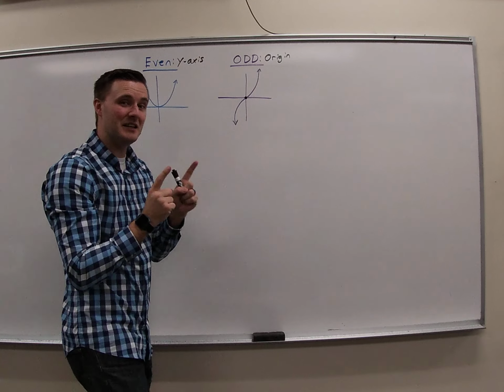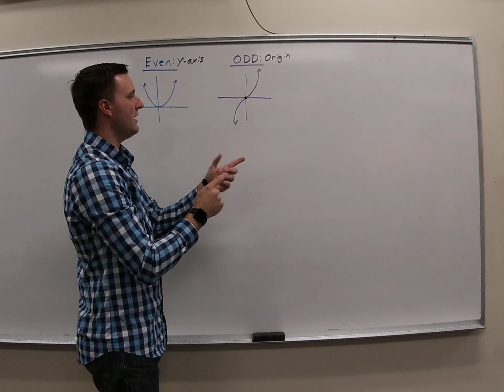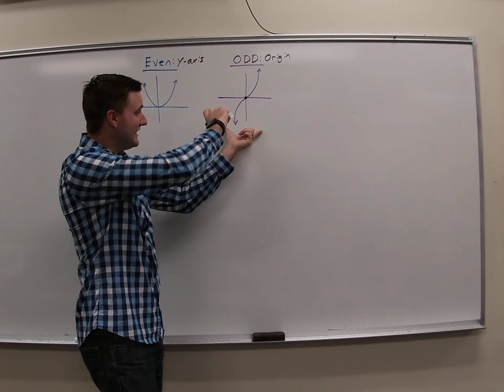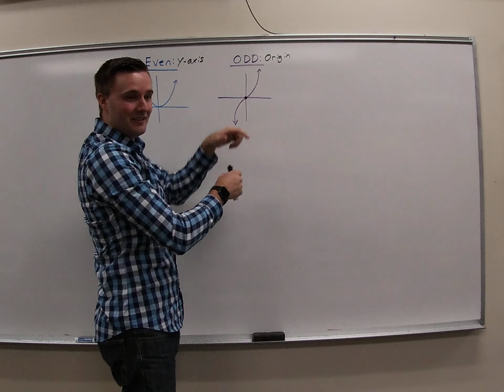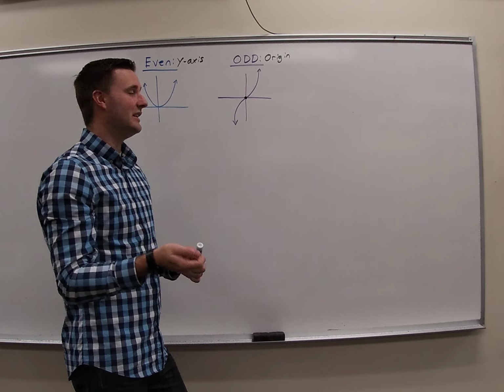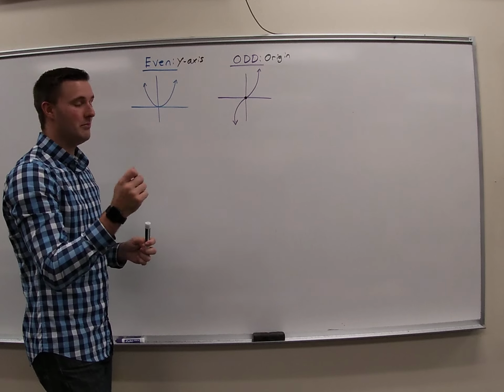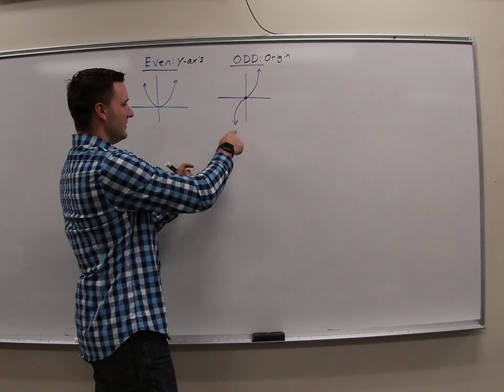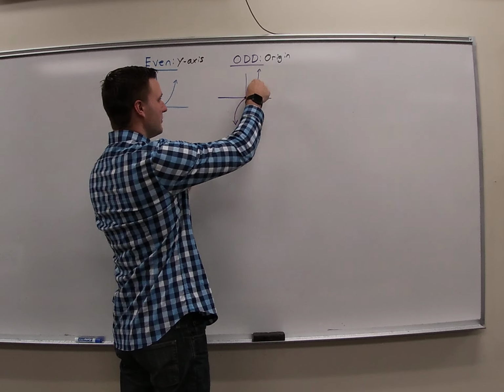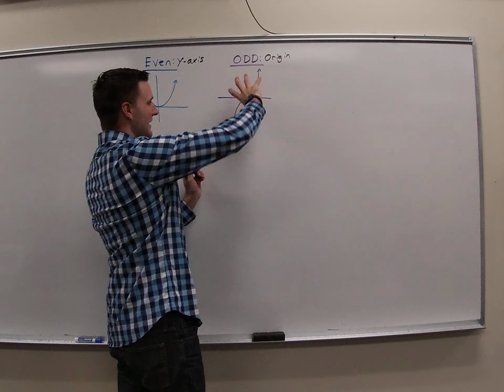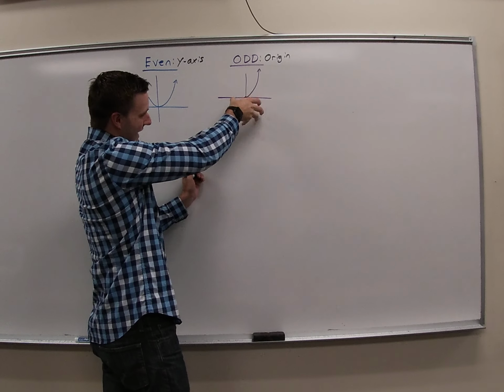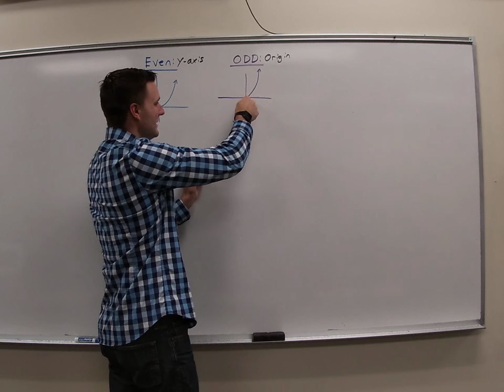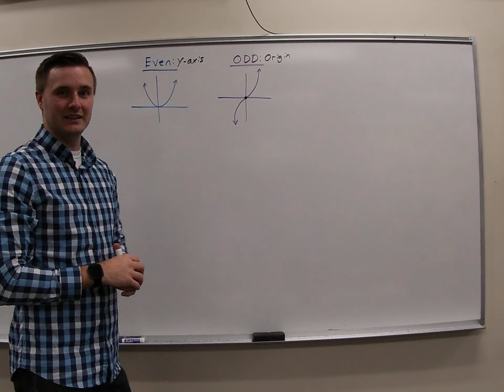If it is the same image in the exact same spot, right side up, as it is upside down, then it is an odd function, or it is symmetrical about the origin. So this starts at the bottom left and goes up through the origin and ends in the top right. If I flip this upside down, it would still start at the bottom left and go up through the origin, ending in the top right.